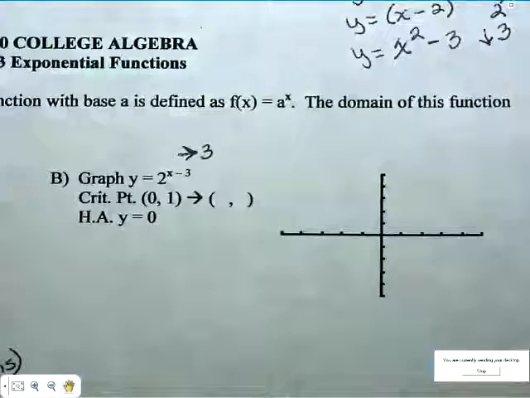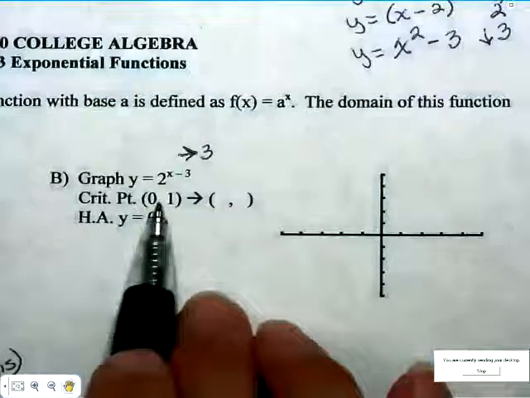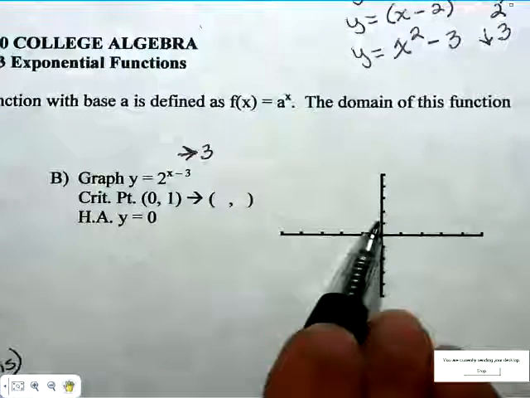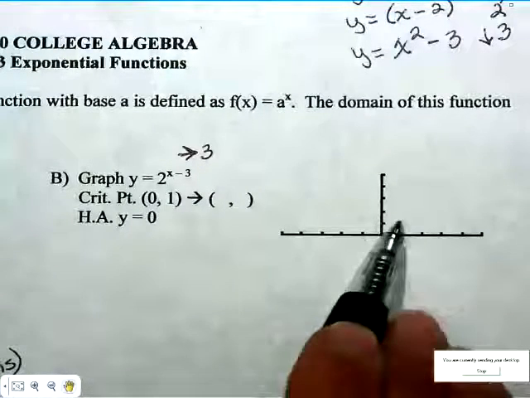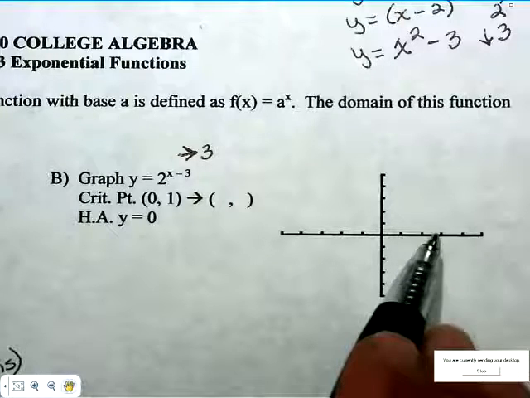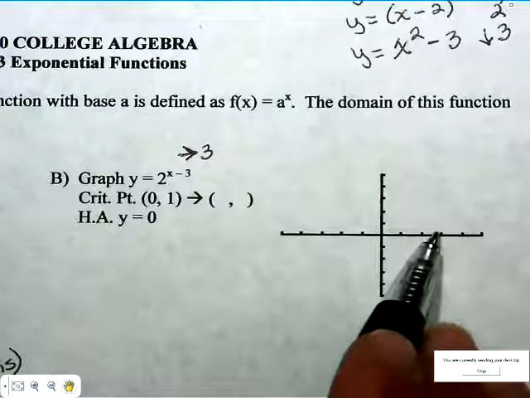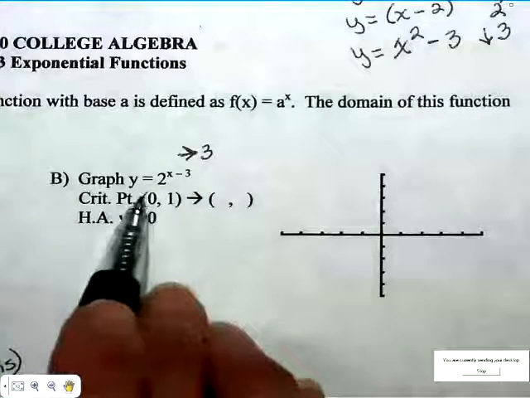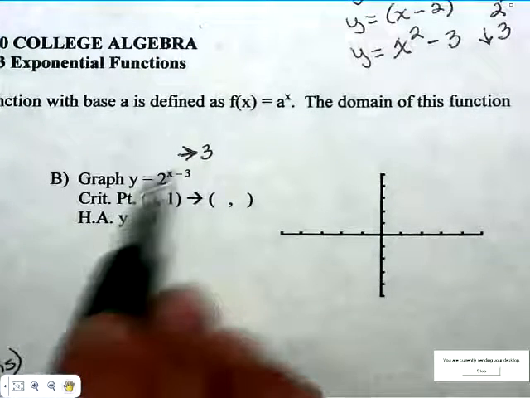Now, if I started at the critical point (0, 1), the usual critical point for the exponential function, and counted to the right 3, what would be the ordered pair that names that point? (3, 1). A horizontal shift affects the x-coordinate. You can add that 3 to the 0, and the critical point is now (3, 1) instead of (0, 1).